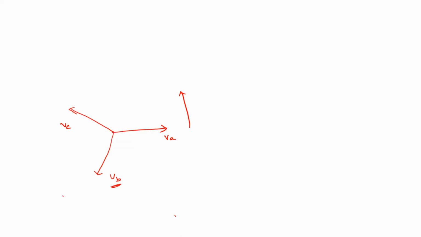Lagging, sir. If you assume this is the direction of rotation, leading. So sometimes you may get plus 30 degrees lead in case of line voltages, or minus 30 degrees lag.